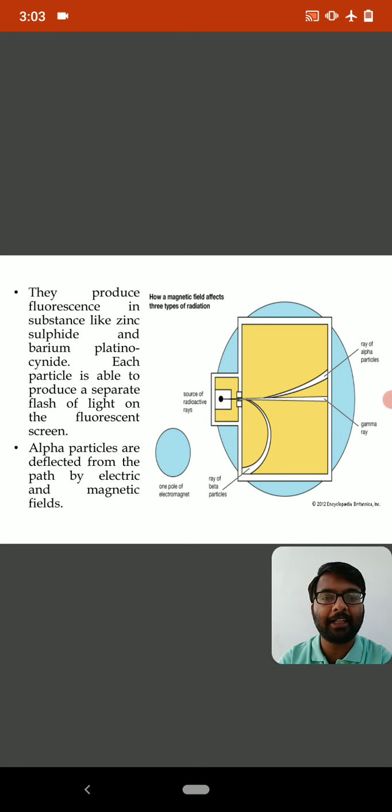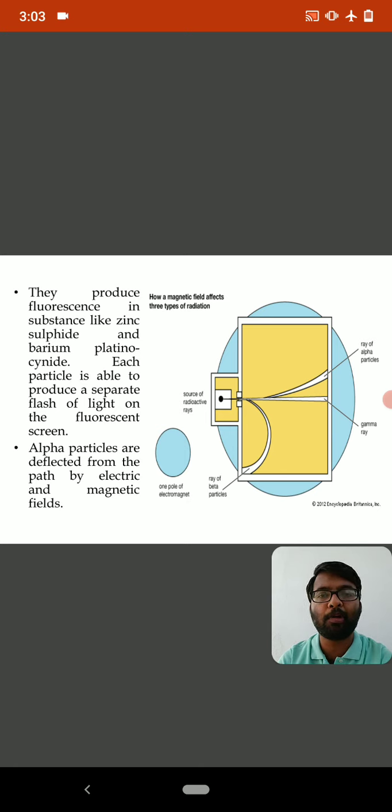This diagram illustrates that deflection property of all nuclear radiations. Alpha radiations show deflections, the beta radiations also show deflections because these two are charged particles, whereas the gamma radiations are chargeless, so they do not show any kind of deflections when we place them in the electric or magnetic field.